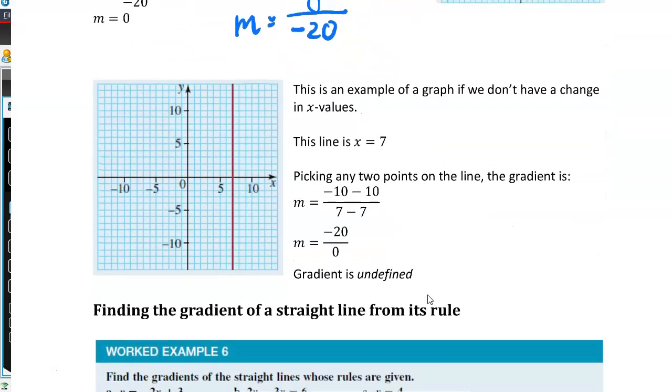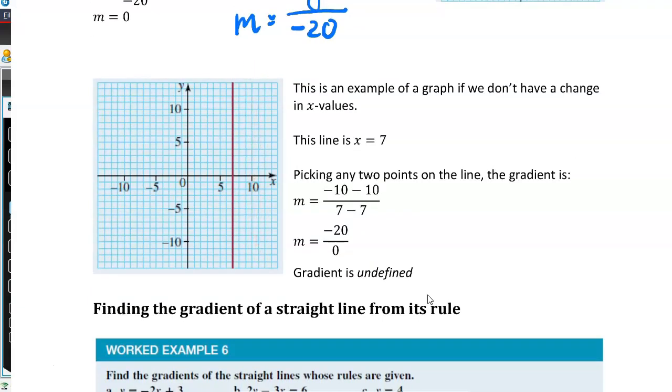Now here we have a vertical line. So the x value doesn't change, but the y values do. Okay, let's pick any 2 points on here to see what this gradient is. I'll have x equals 7 the whole way, and y equals -10 and y equals +10. So we've got our 2 points of (7, -10) and (7, 10).